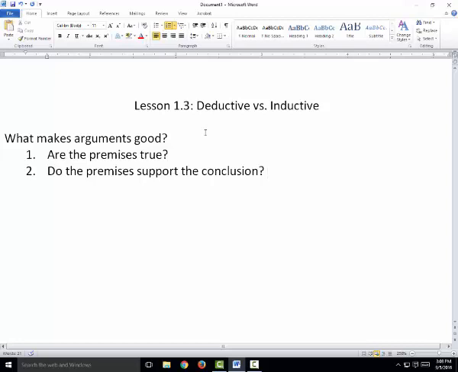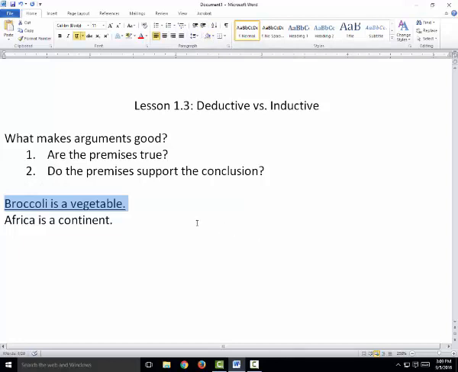I gave you the example of the argument, broccoli is a vegetable, and therefore, for that reason, Africa is a continent. And here I'm going to rewrite that argument in a sort of stilted way that philosophers sometimes refer to as standard form. It just means you list the premises, and then there's a line, and you have the conclusion.